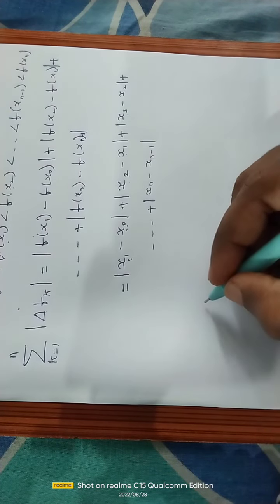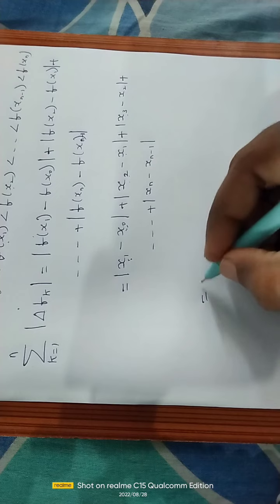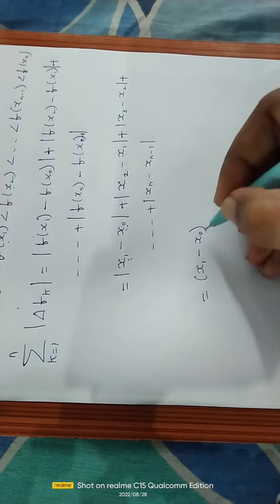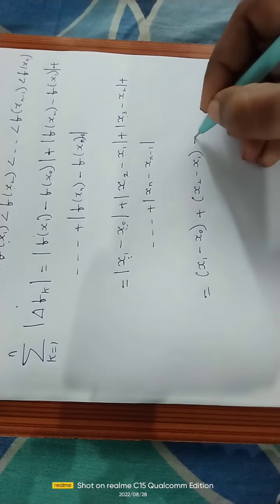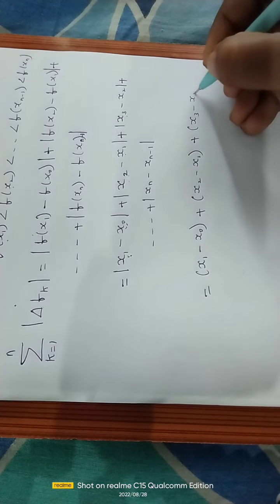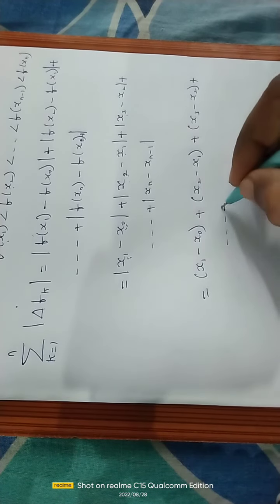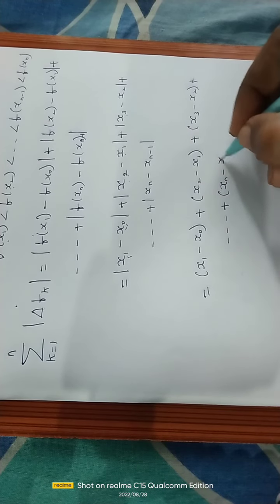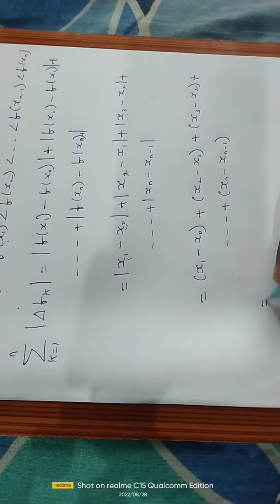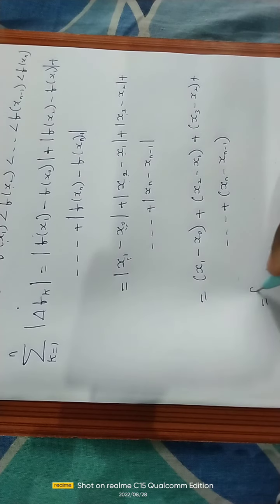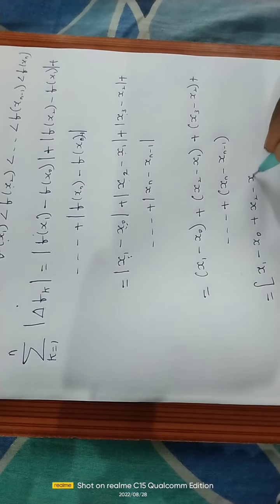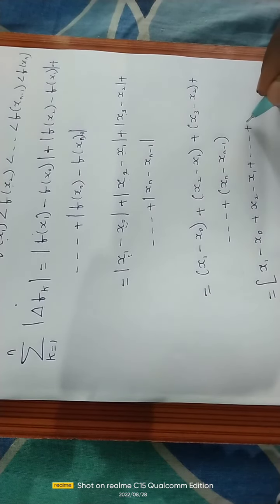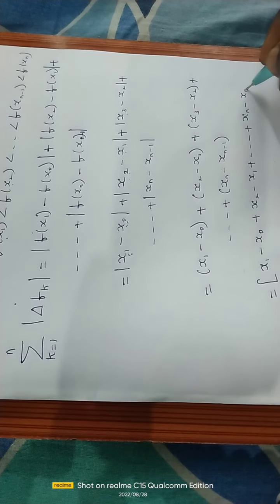So when I find the value, I can write x1 minus x naught plus x2 minus x1 plus x3 minus x2 plus so on up to plus xn minus xn minus 1.